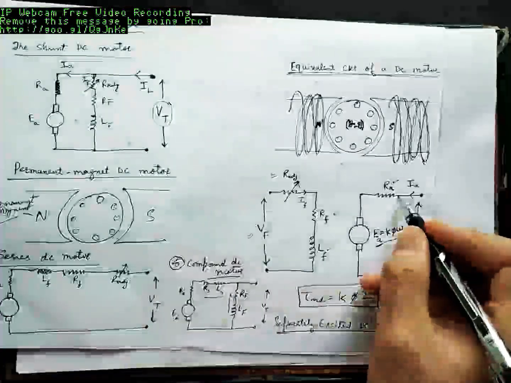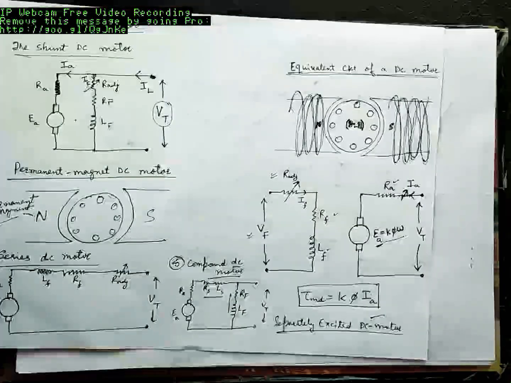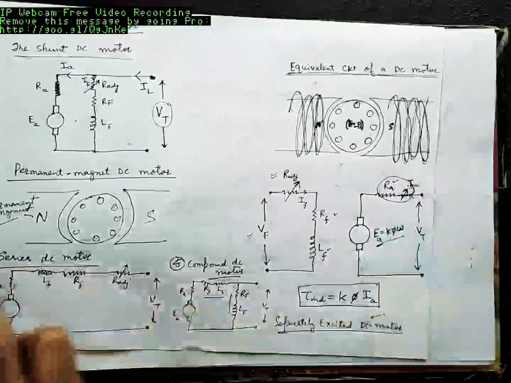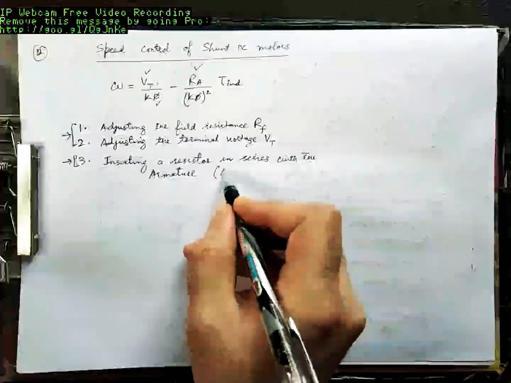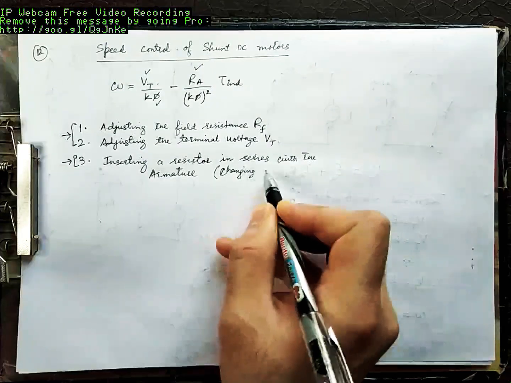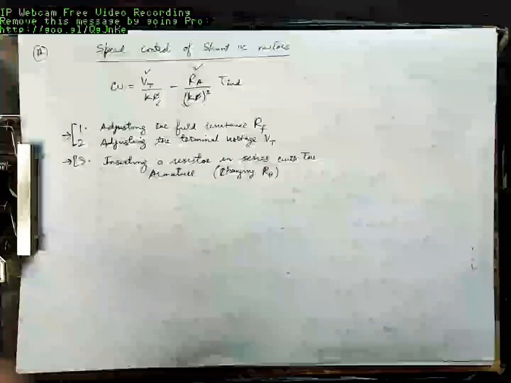That is what we do. We insert a variable resistance here. So equivalently you change this RA. So you adjust the RA, changing armature resistance. But this is not used.